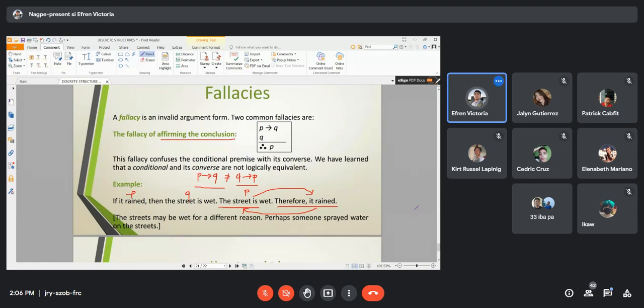Therefore, the street is wet. Okay? So, that is a valid form under modus ponens. But when we see its converse, this form is a fallacy or invalid argument.